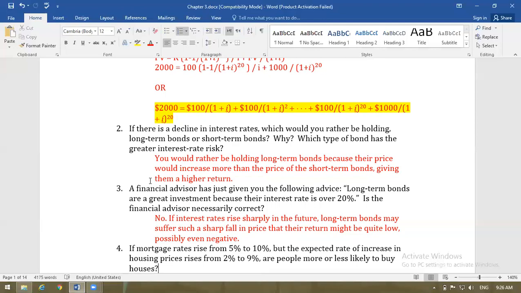So you would rather be holding long-term bonds because their price would increase more than the price of short-term bonds, giving them a higher return.